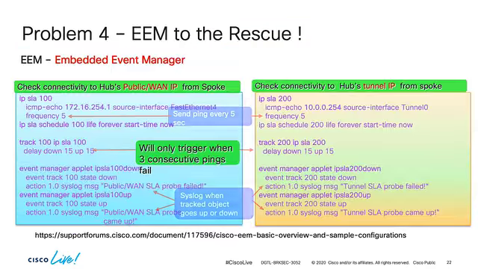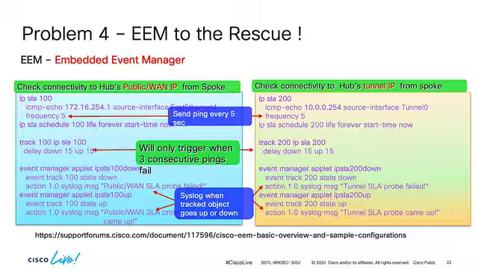So in this particular case, what we would do is use the Embedded Event Manager, or EEM, script. What the EEM script does is check periodically. In this particular case, every 5 seconds, it's going to send a ping to check the connectivity of the NBMA addresses of both the hubs and the spokes.